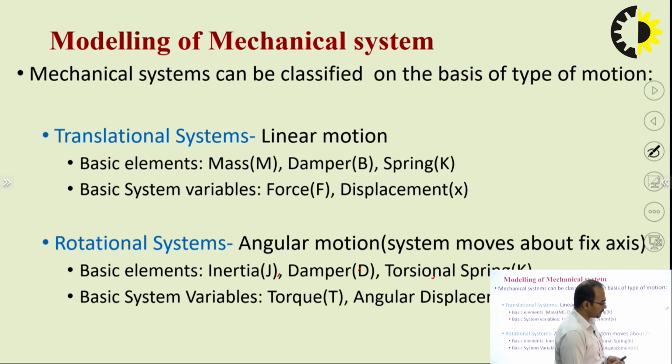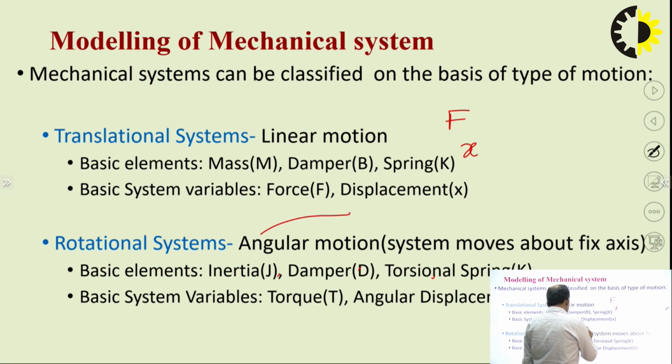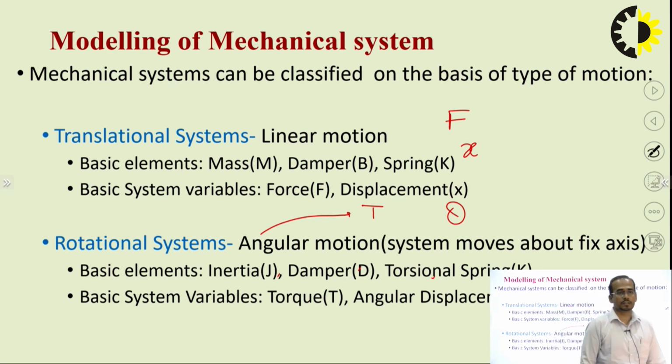In a translational system, the input is force and the output is displacement. Whenever you apply a force to any mechanical system, there is some displacement, and that is the required output for a given translational mechanical system. But in a rotational system, the input is torque and the output is angular displacement.